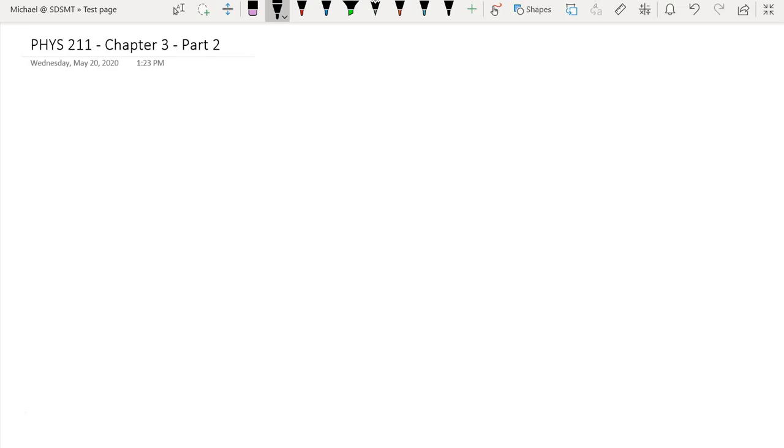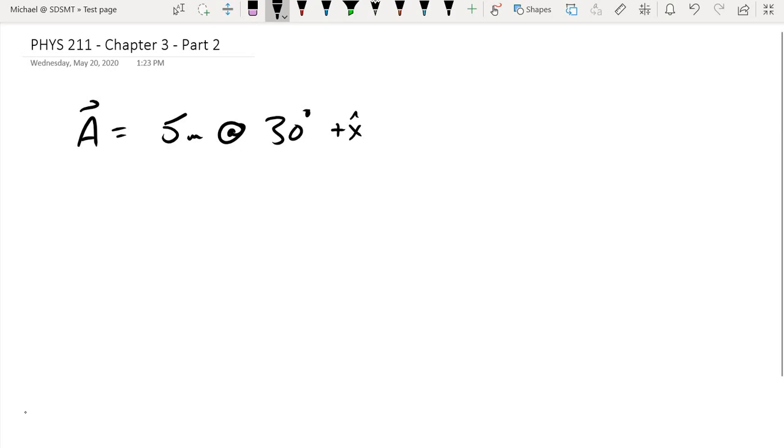Specifically, our vector has to have a magnitude and angle, but we also learned in the previous video that in addition to describing a vector using magnitude and angle notation, which needs to be specified from a given axis, we can also have a vector that is described using its x and y components.